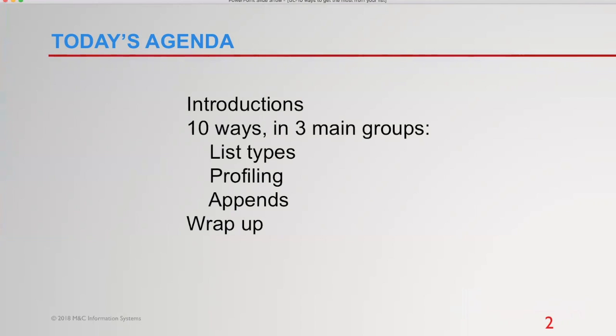We'll talk about profiling and how to use lists to help with customer profiling, and then appending information to lists to get more out of them. And then we'll wrap up by talking about cost justification. That's really the easiest way to break that up.